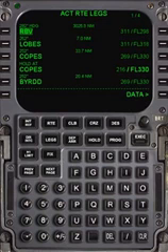Performance optimization allows the FMS to determine the best or most economical speed to fly in level flight. This is often called the econ speed. This is based on the cost index, which is entered to give a weighting between speed and fuel efficiency.